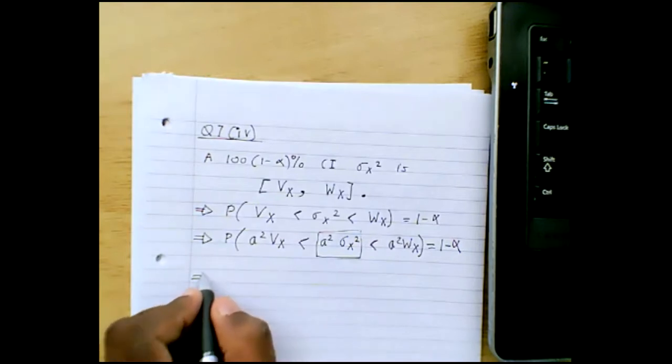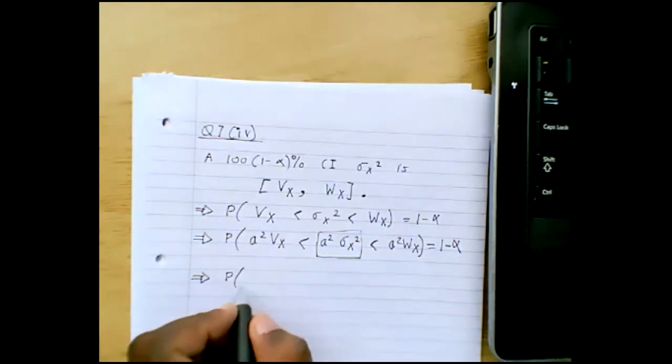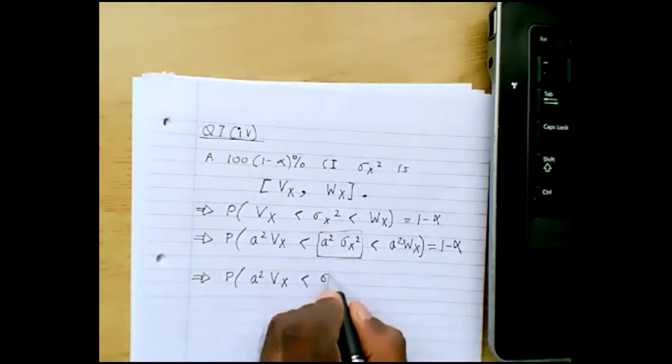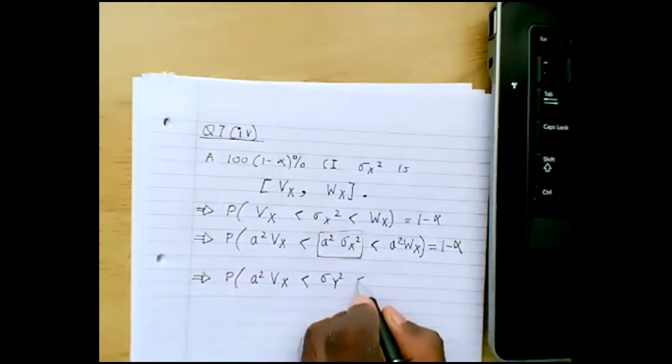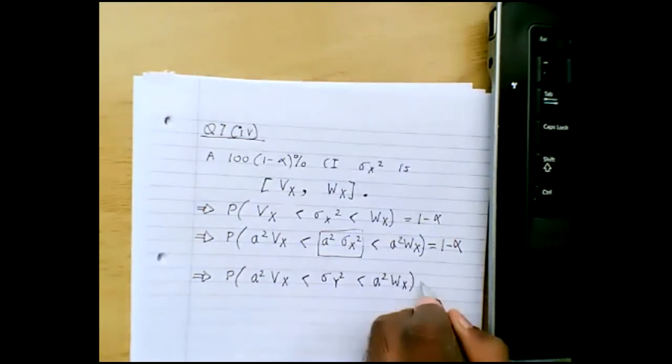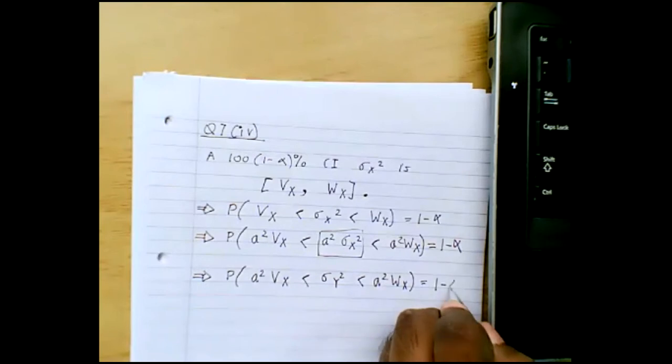So this is the probability that a squared Vx less than sigma y squared less than a squared Wx is equal to 1 minus alpha.